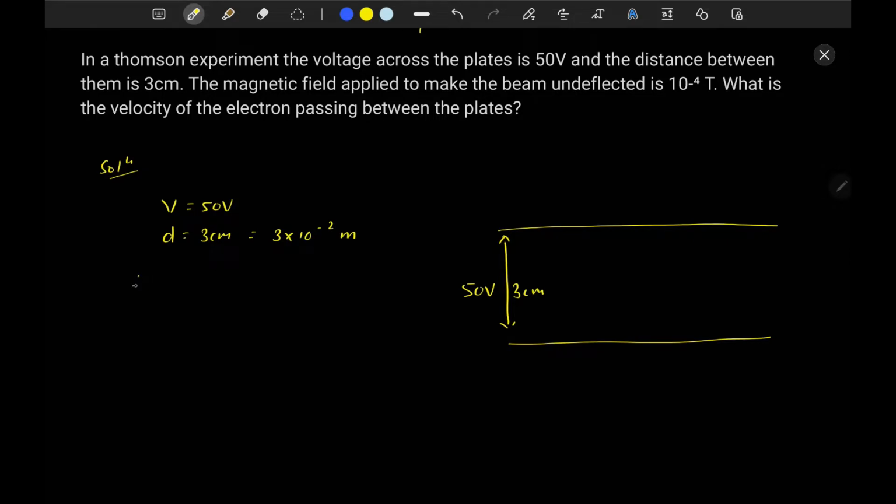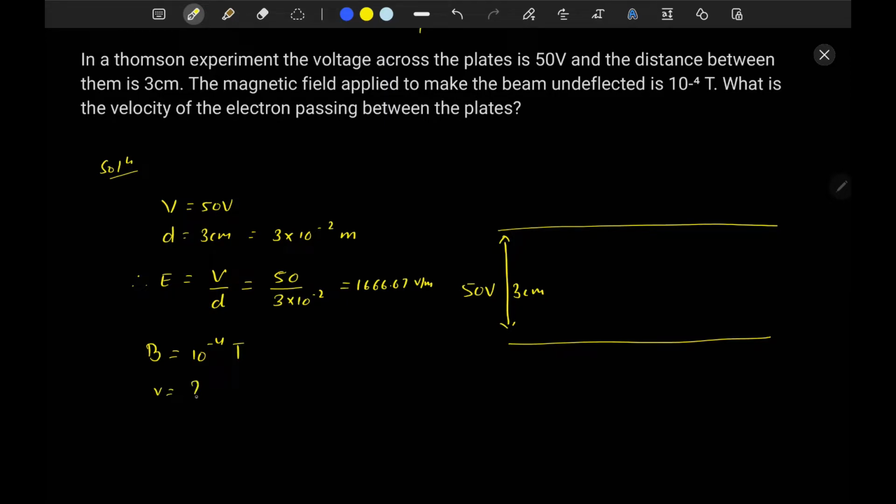So electric field between the two plates will be V by d, which is 50 by 3 × 10⁻², equal to 1666.67 volt per meter. Next, the magnetic field applied to make the beam undeflected is 10⁻⁴ Tesla. What is the velocity of the electron passing between the plates?